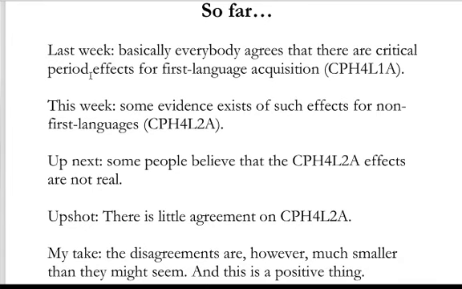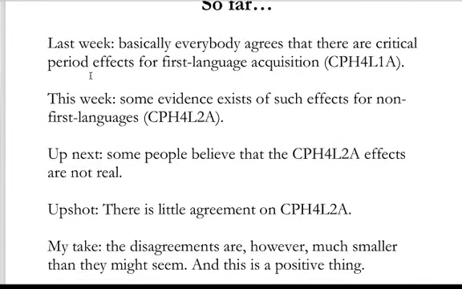One of the things I'm going to conclude today is that actually the disagreements are smaller and less substantive than they might seem when you look at this literature and find people arguing back and forth. And actually this is because we're converging on the truth here. The remaining differences between these pro-critical period and anti-critical period camps are getting smaller and smaller. They actually agree on more than you might think.